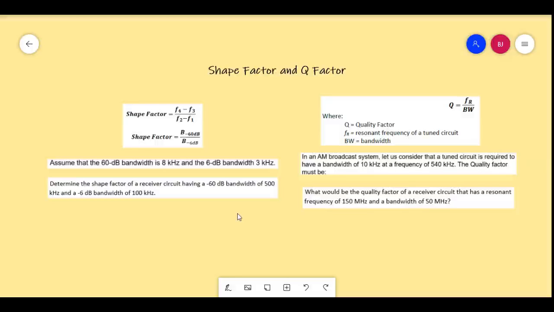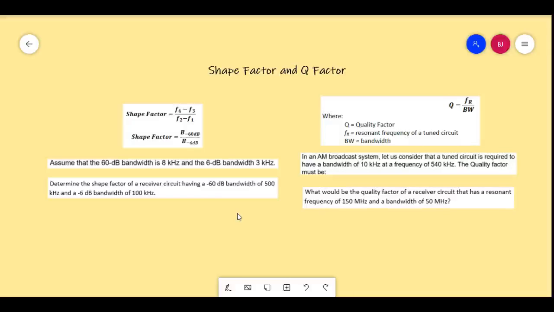So let's take a look into computing shape factor and Q factor, two of the ways to determine the selectivity of a given receiver, regardless of its type of modulation, maybe it's AM, FM, or PM.